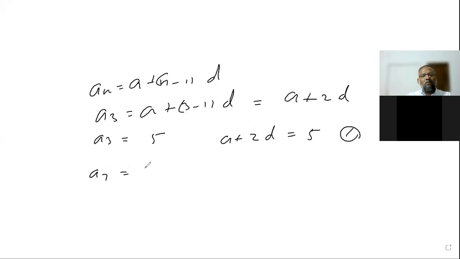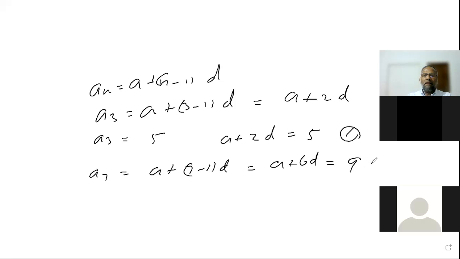A7 is equal to a plus (n minus 1) into d, that means 7 minus 1 into d, that is a plus 6d. A7 is given as 9, so a plus 6d is equal to 9.